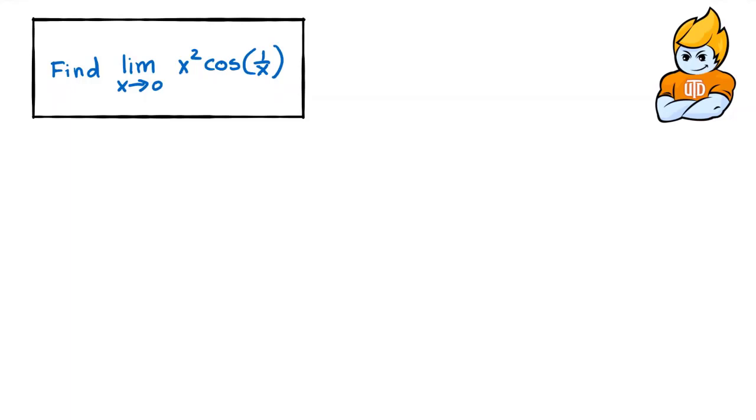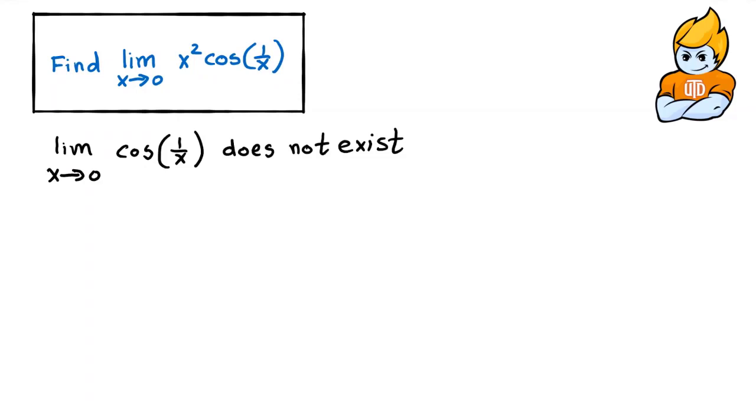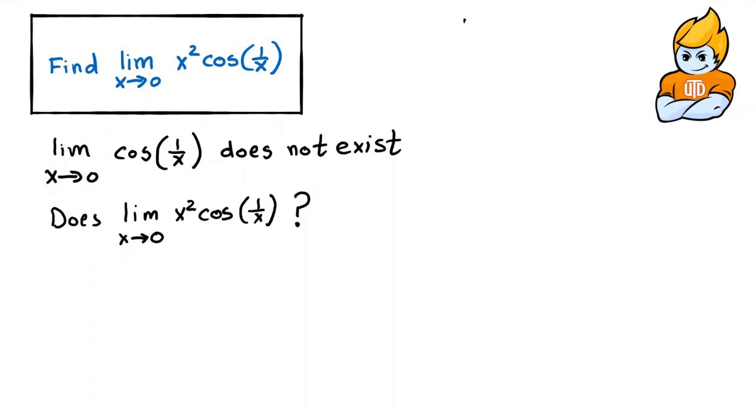We cannot evaluate this limit directly because of the cosine 1 over x. In fact, the limit of cosine 1 over x does not even exist. Also, you might ask yourself, well, does the limit of x squared cosine 1 over x have a chance of existing? Well, we'll use the Squeeze Theorem to show that yes, this limit does in fact exist.